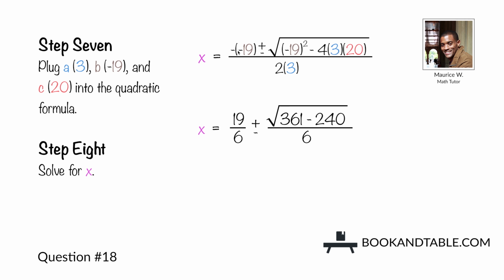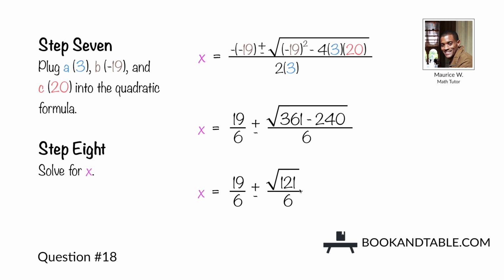That gives us 19 over 6 plus or minus the square root of negative 19 squared, which is 361, minus 4 times 3 times 20, which is negative 240. 361 minus 240 is equal to 121.